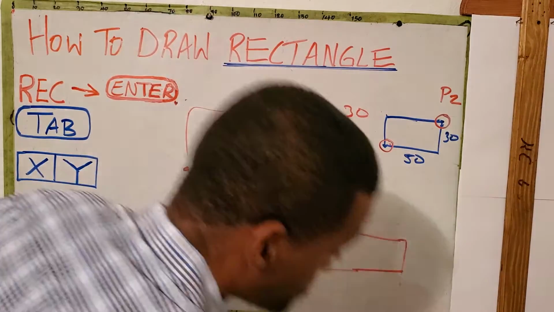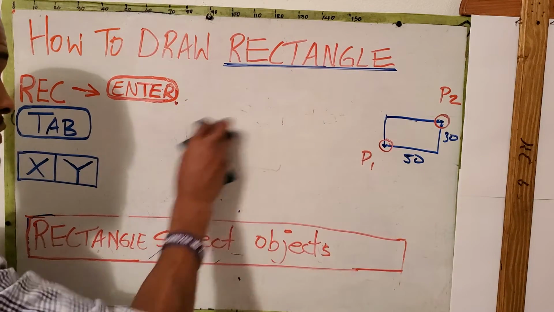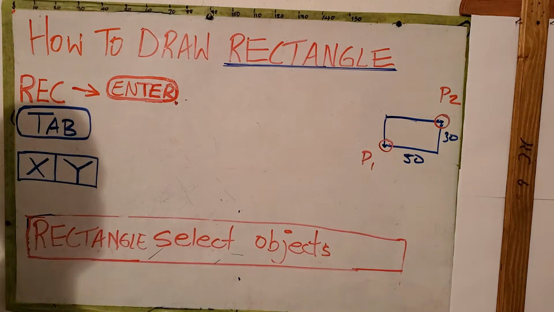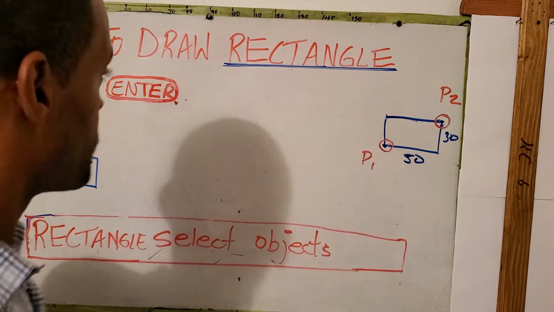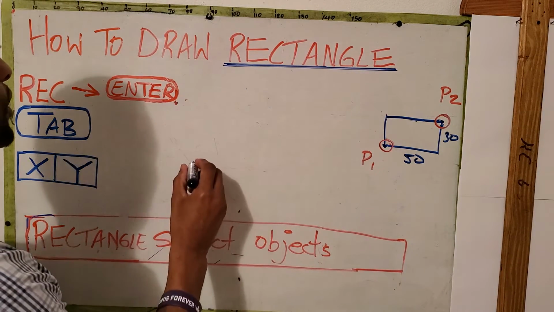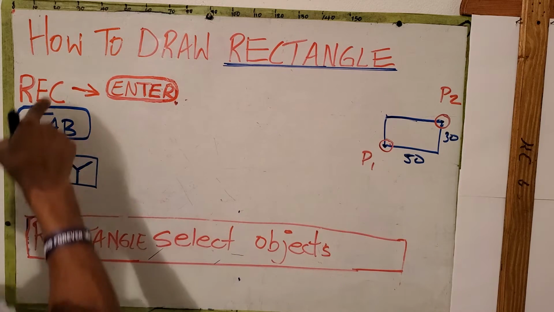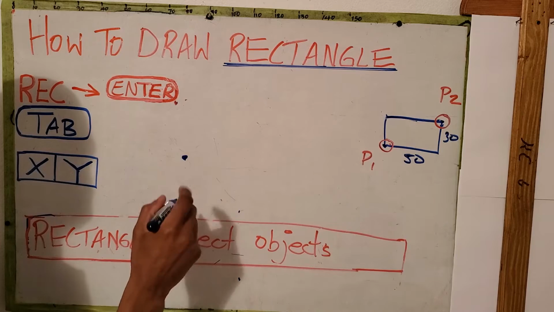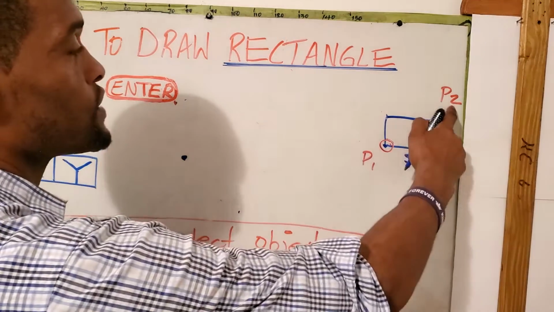Something very important to note is that if you are using AutoCAD Architecture, it is a bit different. You're gonna click start again for AutoCAD Architecture: rectangle, enter, click first point. It will then ask you to specify the upper point.